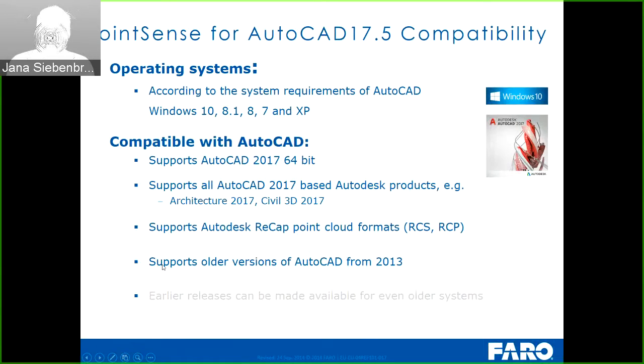The new version of PointSense also supports older versions of AutoCAD, starting with version 2013. It does not support AutoCAD LT because we are relying on the native point cloud engine of AutoCAD, and LT does not have such an engine.